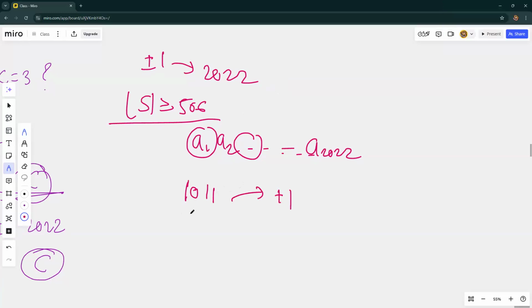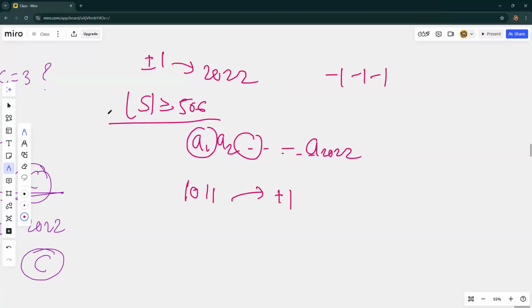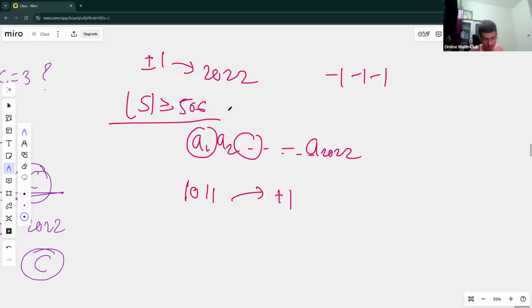We can just group them into groups of 4. Yeah, but not each time, sometimes you can have no minus 1. In a 4 term block, the maximum can either be 1 or minus 1. How?